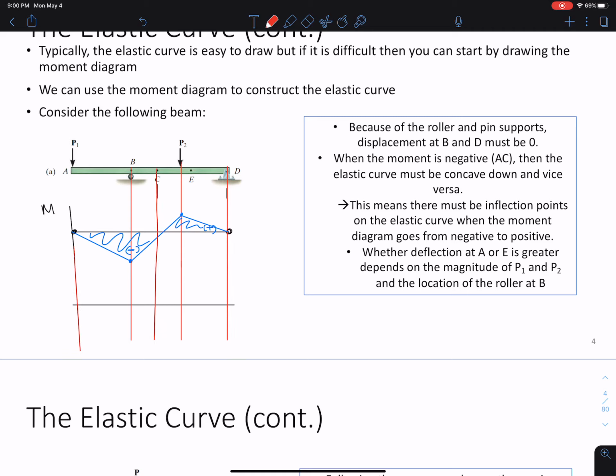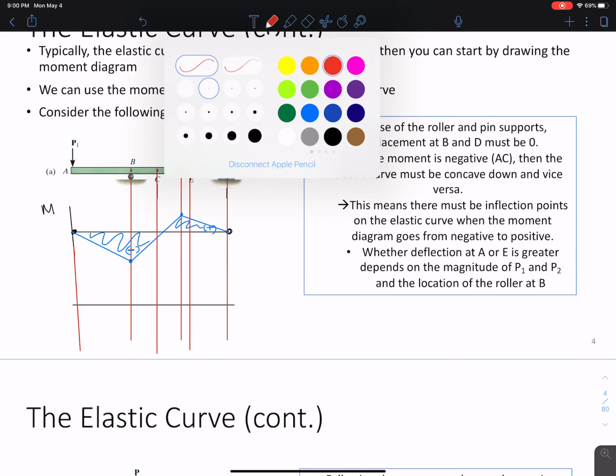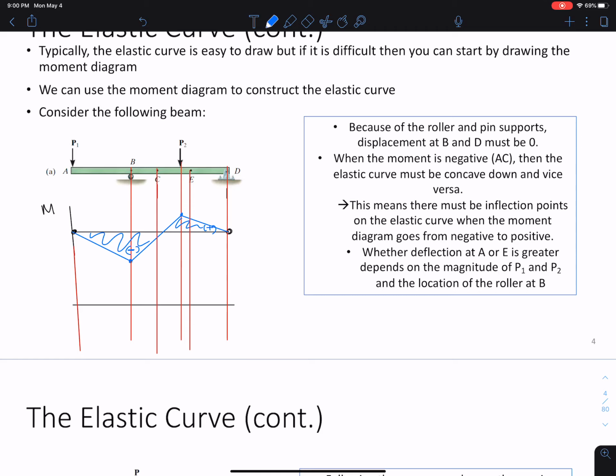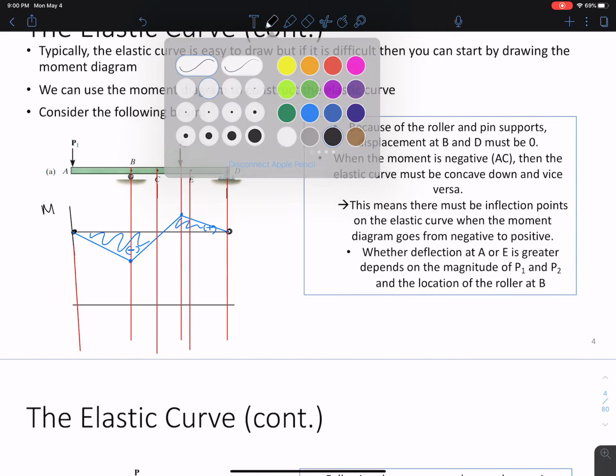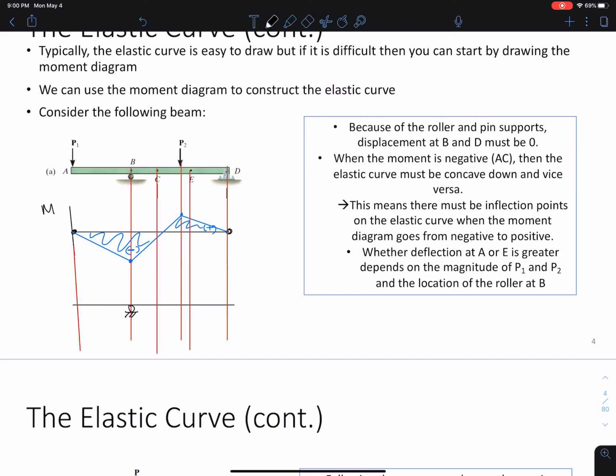And then we have some important points C and E that are already drawn for us. So what we know about this, if black is our original line, right, we have a roller support here. The black line is our original beam. We have a roller support here. We have a pin support here.